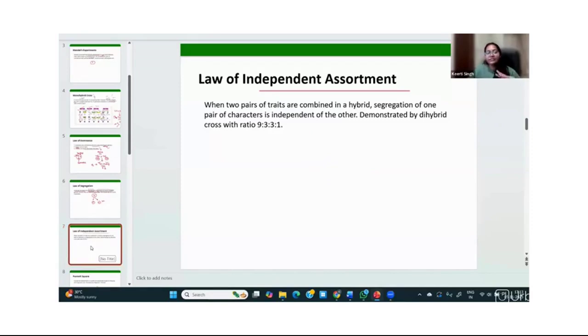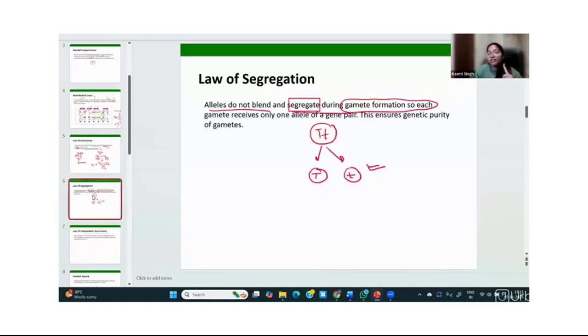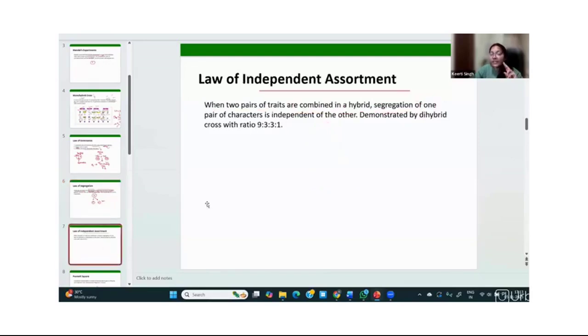So three laws were given: law of dominance, law of segregation, law of independent assortment. Dominance means, of course, one allele is dominant over the other allele. Next is segregation. Only one allele of a gene pair will get into the gamete. And third is, if more than one pair of characters is considered, two pairs or three pairs, these will be assorted independently.